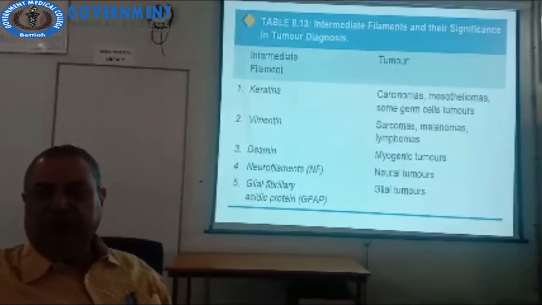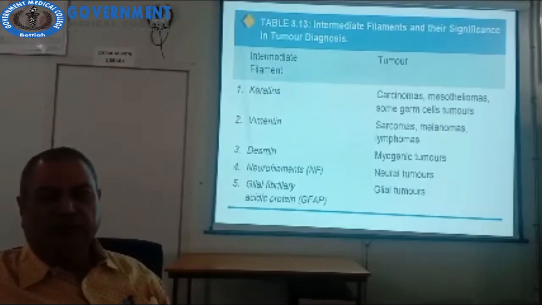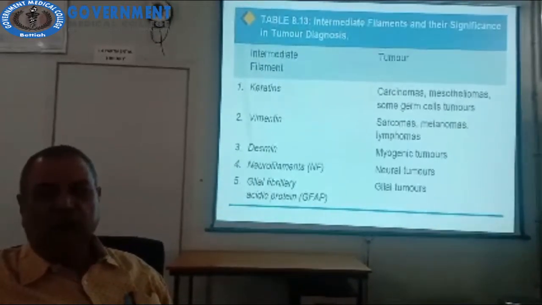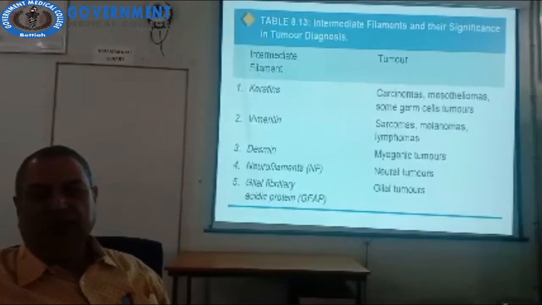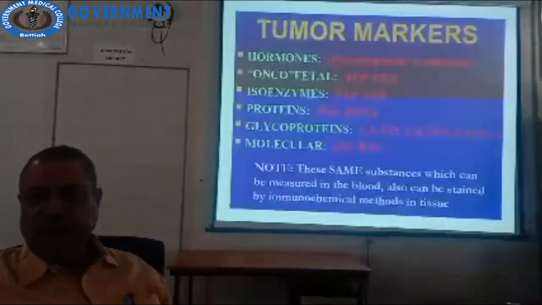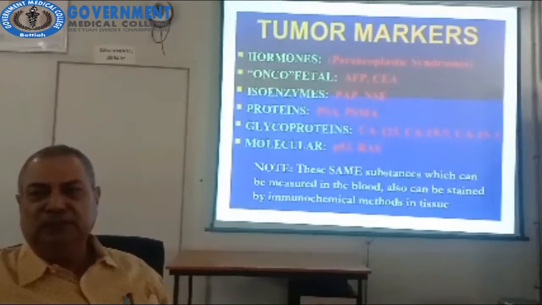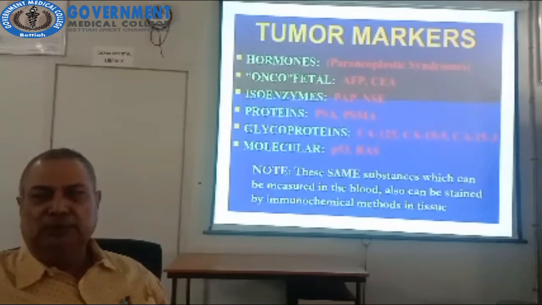Then intermediate filaments: keratin for carcinoma, vimentin for mesothelioma, sarcoma, melanoma, lymphoma, desmin for myogenic tumors, neurofilaments for neural tumors, glial fibrillary acidic protein, GFAP, for glial tumors. Then tumor markers are hormones, oncofetal antigens, carcinoembryonic antigen, or alpha-fetoprotein.